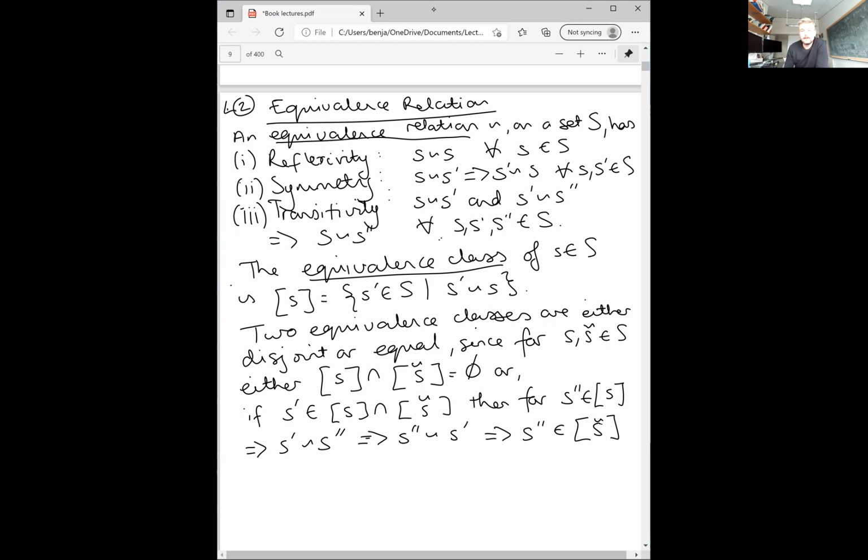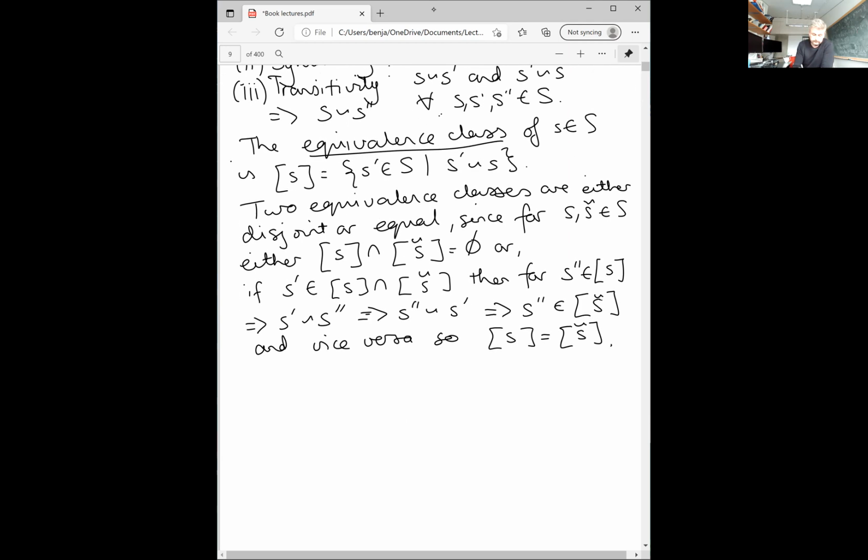Now we can work this argument completely backwards, and vice versa. So in other words, in this case, the class of s is equal to the class of s tilde. So the equivalence classes are the same. So equivalence classes partition up sets.